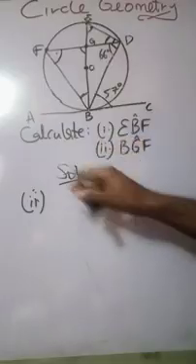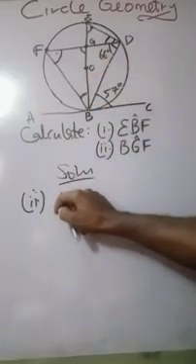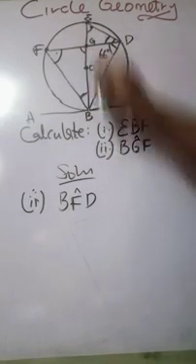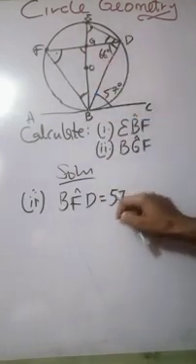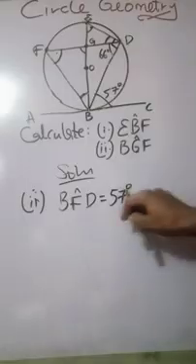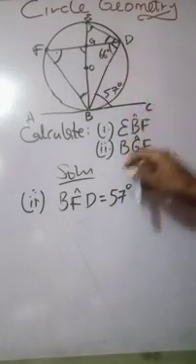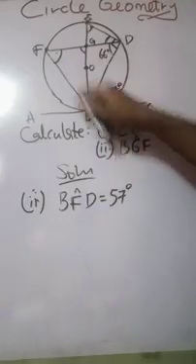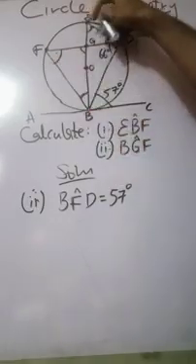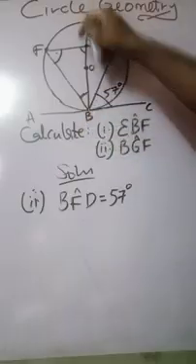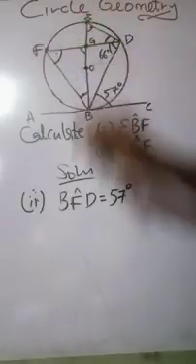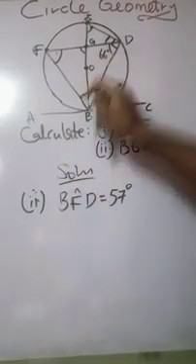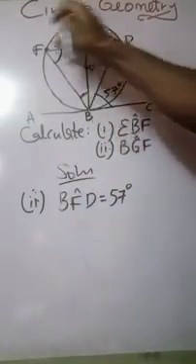Now here's what to do. Angle BFD, or you can call it BFG, is equal to 57 degrees, and the reason is the alternate segment theorem. Now the next thing you want to do is, since we have angle FBE, or EBF, as 24, we'll go ahead to find angle BGF.